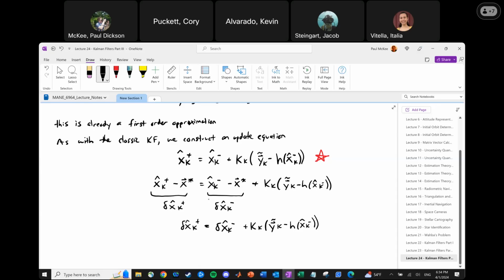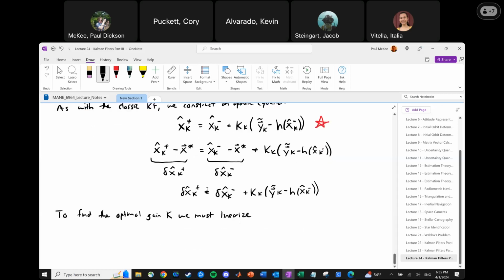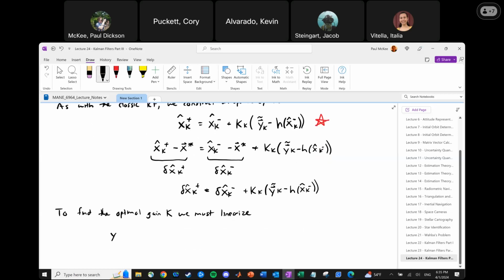Now, this is still fine, but to find the optimal gain K, we must linearize. So it's going to look like this. Y, and I'm going to be lazy with my subscripts for a minute, so just bear with me.